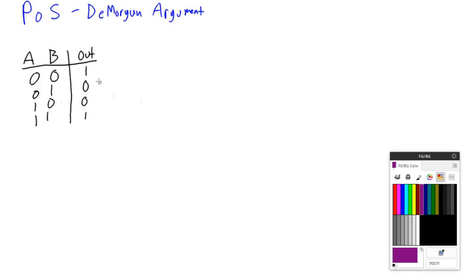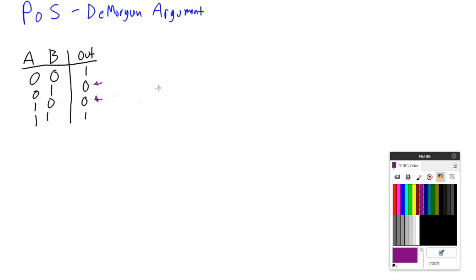So the first thing is let's find out where our zero conditions are at. This is a 0 and this is a 0. And how do we describe if we're at one of these rows?